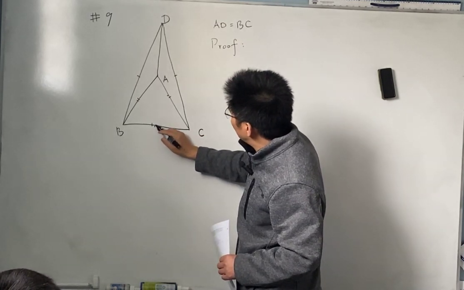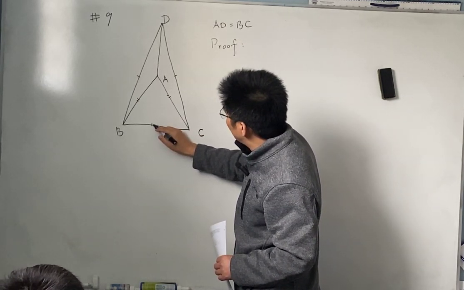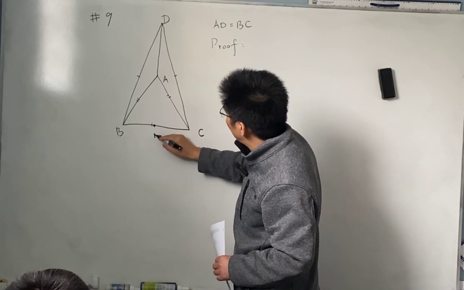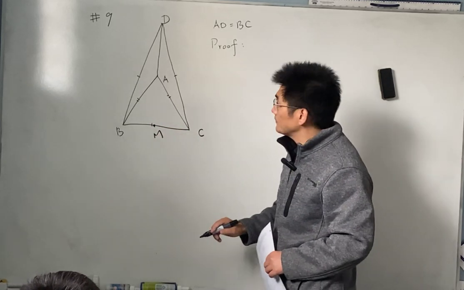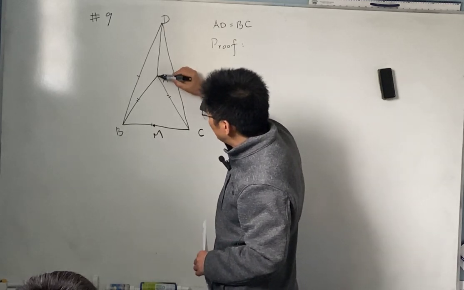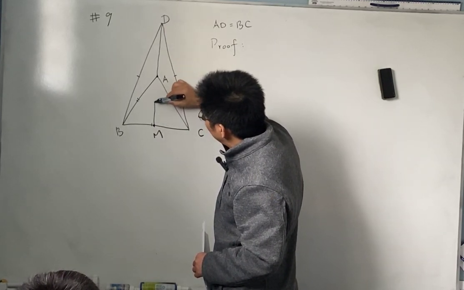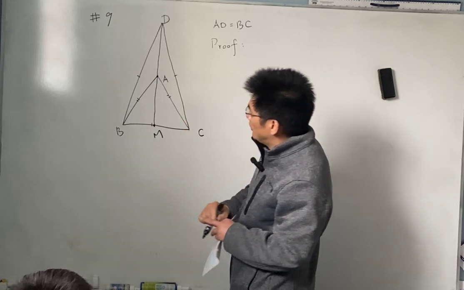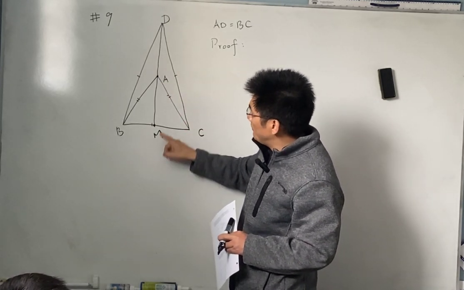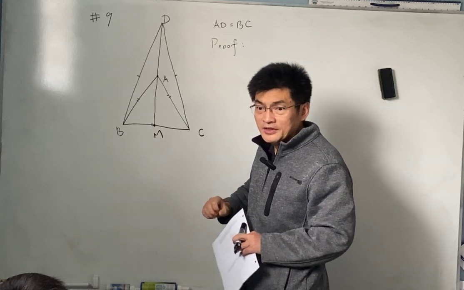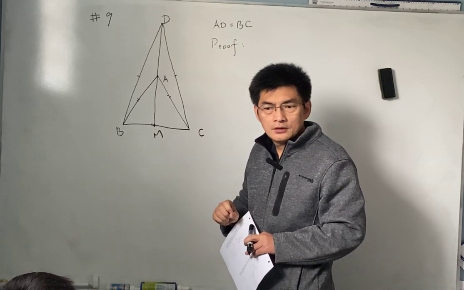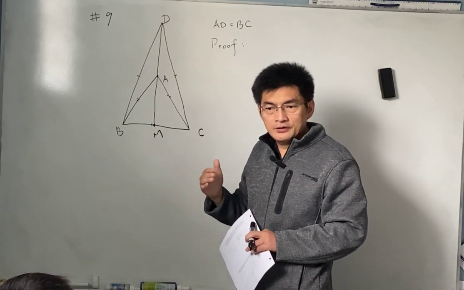If I pick the midpoint of this line and label it as M, then I can connect this point with this line. So right now, do I know if M, A, D are on the same line? They are, but I don't know yet.